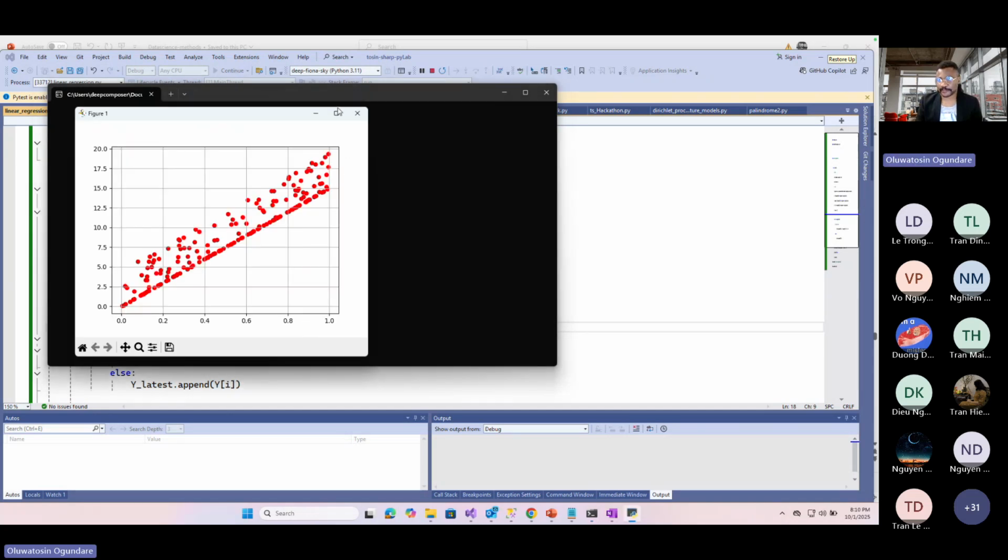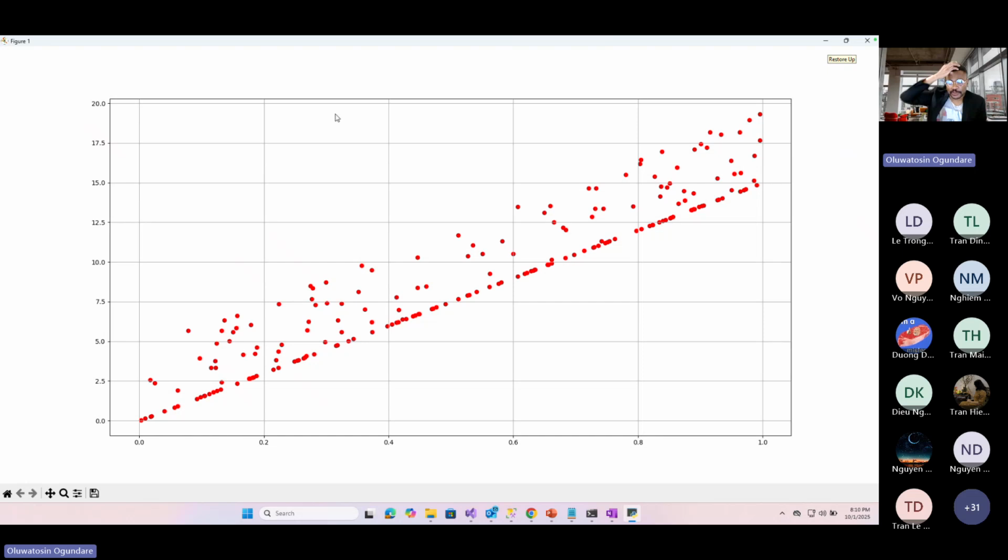Okay, so this is better. So you can see this data point. I try to add some noise so that it does not just look like this straight line that already goes there.